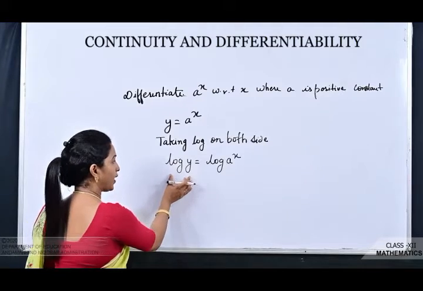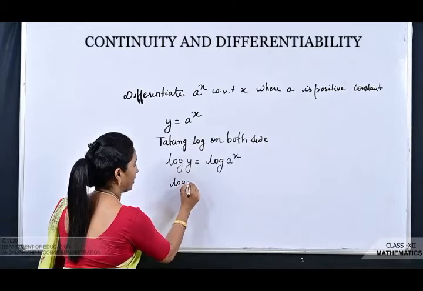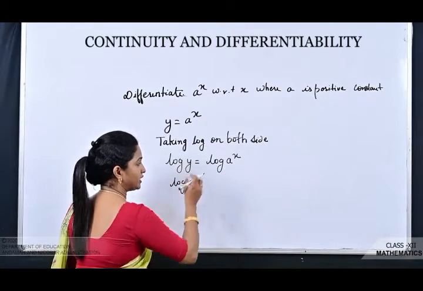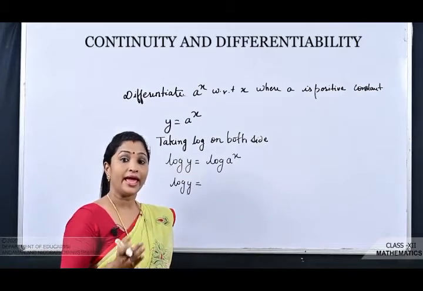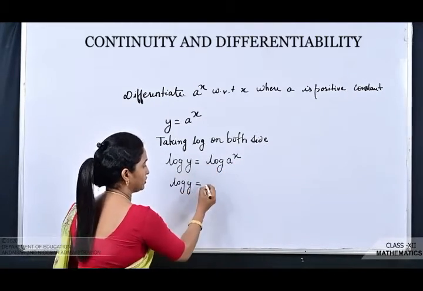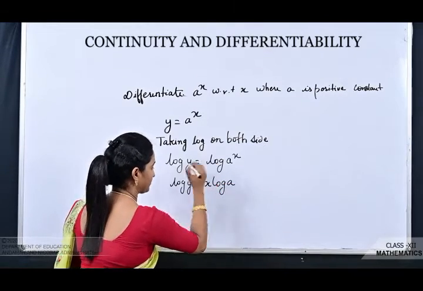Now when you apply the property, you know the property that log x to the power m is m log x, the power will come in the front of log, so you can write it as x log a.